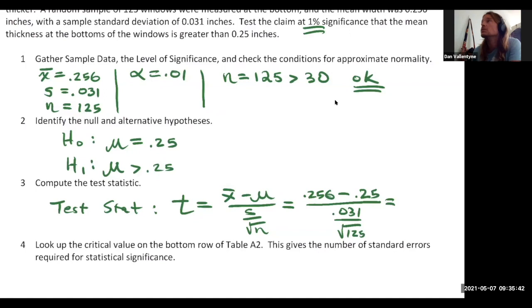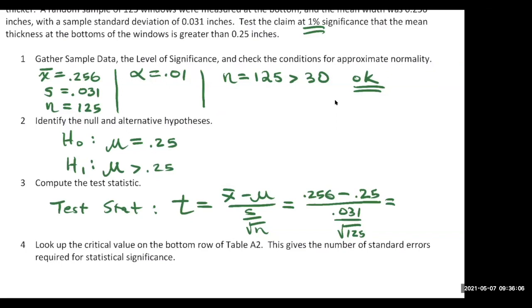0.004. That was so fast. Did you say 0.004? I did. It seems too small. Well, I'm notoriously bad at calculations. So 2.16.